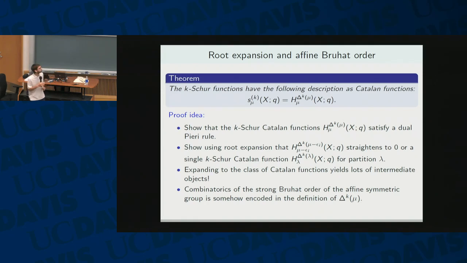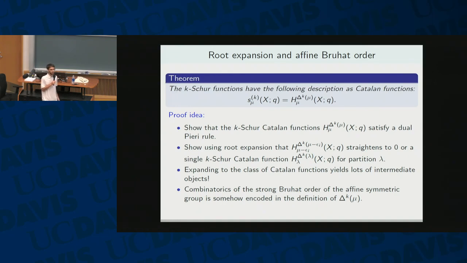Okay, so now another reason I wanted to tell you about root expansion is because it forms the core of the proof of this important result that I mentioned, that the k-Schur functions are a subclass of Catalan functions. So, okay, just a couple words about this proof. Let's temporarily call this right-hand side the k-Schur Catalan function, since we don't yet know they're equal.